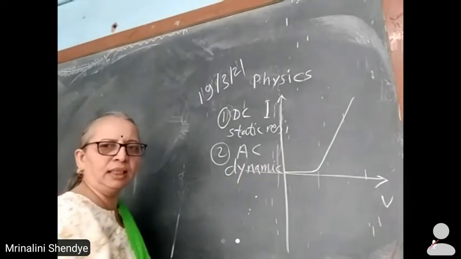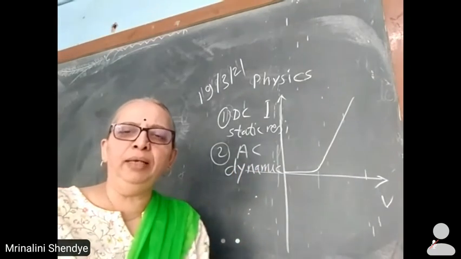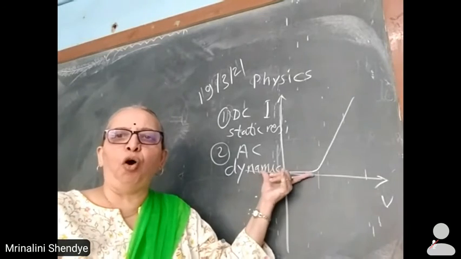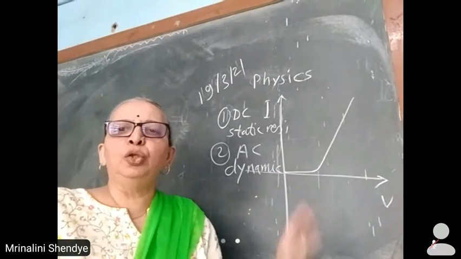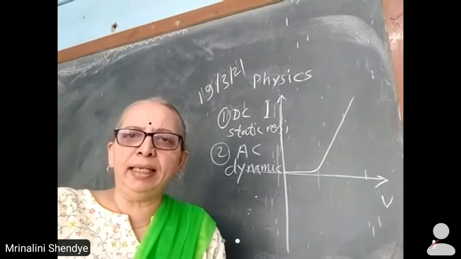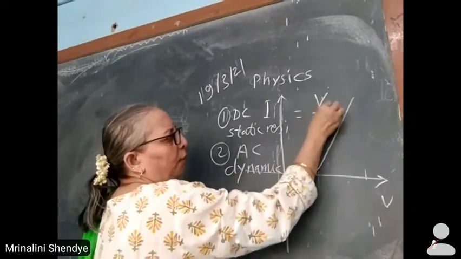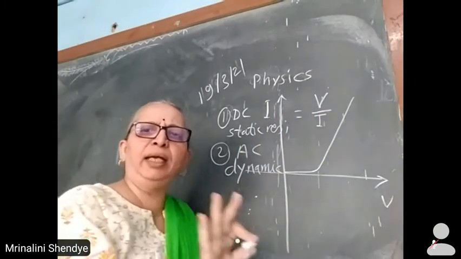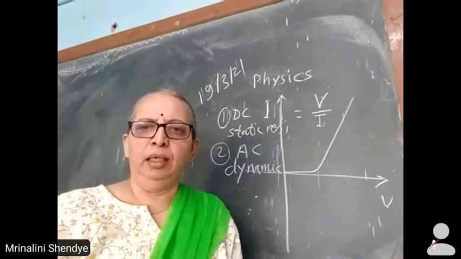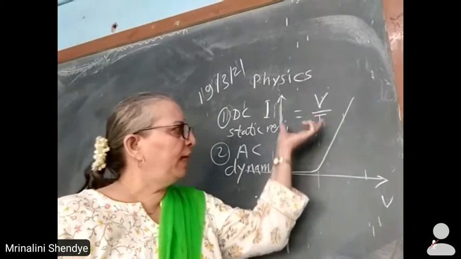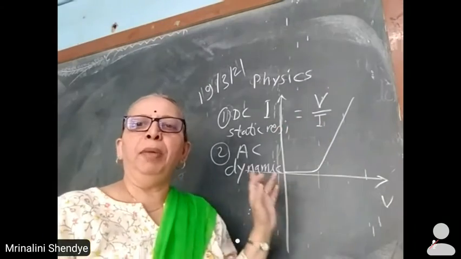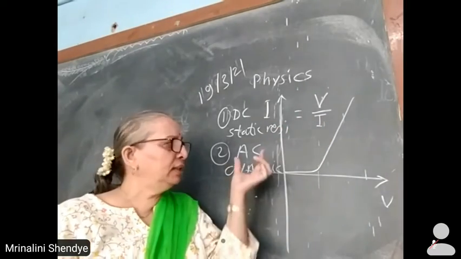These resistances can only be defined when it is used in forward biased mode. So DC or static resistance is nothing but voltage upon I. It is regular resistance. According to Ohm's law, we can find its value. But dynamic resistance is AC.